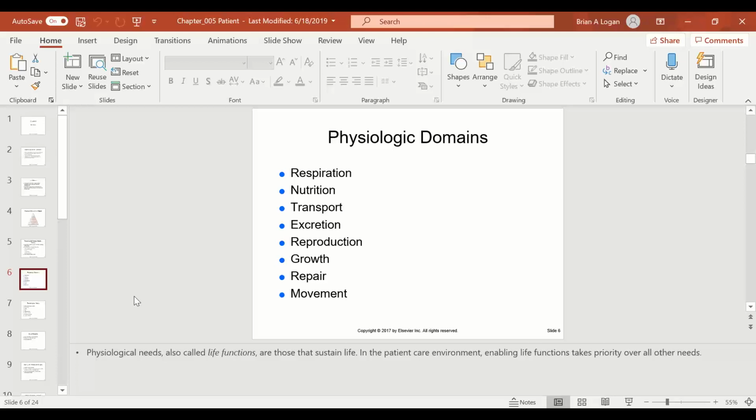Excretion. This is defecating and urinating. We can put a Foley in to help take care of that. Each patient in their room should have a bathroom. If a patient's not ambulatory, they can't really get up and walk on their own, then they hit the button and the nurse comes in and helps them get to the bathroom.